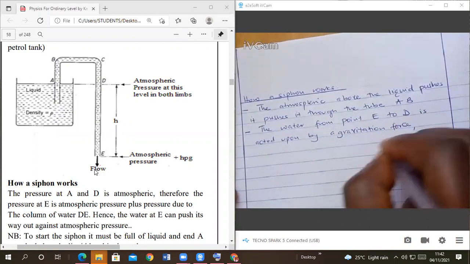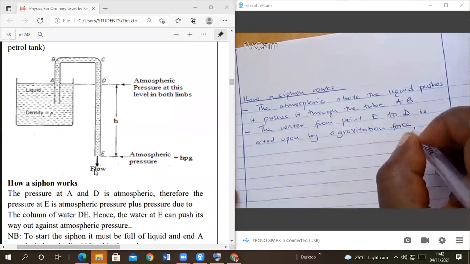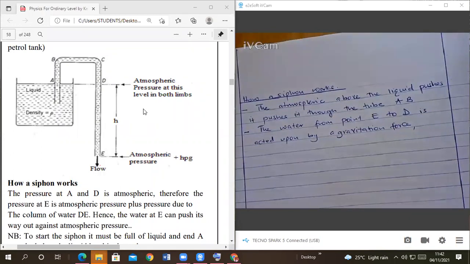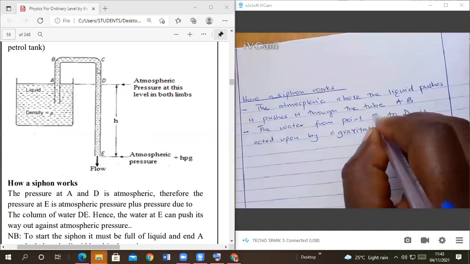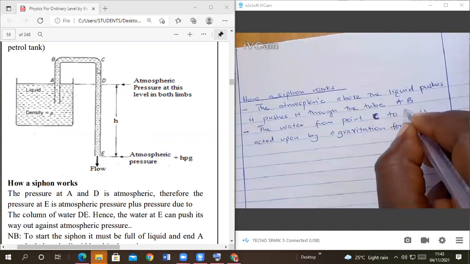It is acted upon by the gravitational force and also the pressure. Remember, we said pressure in liquids depends on the force of gravity also. So that pressure that is here in this liquid, from here up to here, is due to the force of gravity.